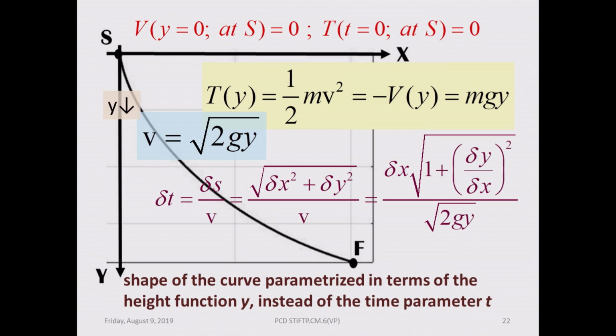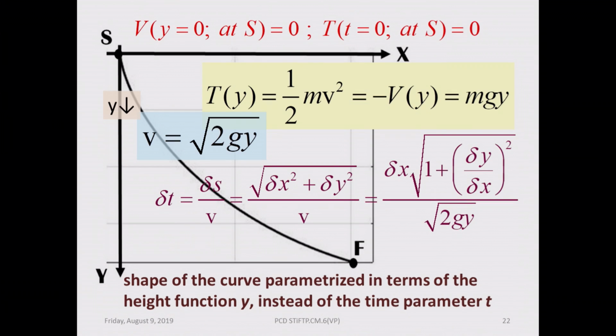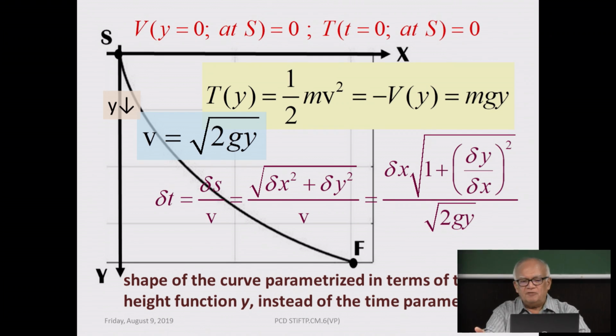Okay, how y changes with x will give you the equation to the actual path. And then of course you have the velocity in the denominator, which is square root 2gy. So the curve is now parameterized in terms of y, but you wanted to parameterize it in terms of t, but equivalently you have parameterized it in terms of y.